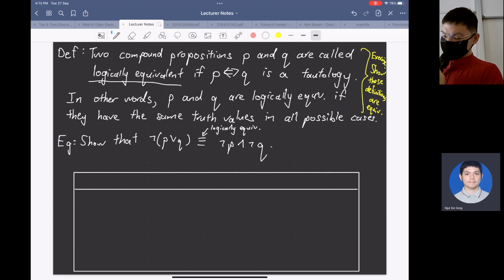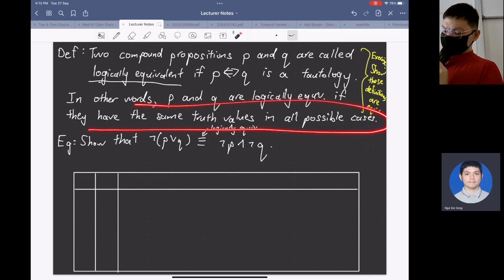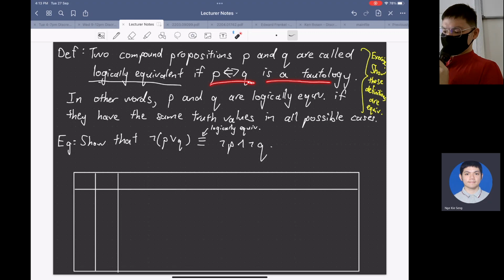Okay, so how to show something is logically equivalent? What's the definition? Can anyone tell me? They have the same truth values. Okay, so show that they have the same truth values, or show that P if and only if Q is a tautology.